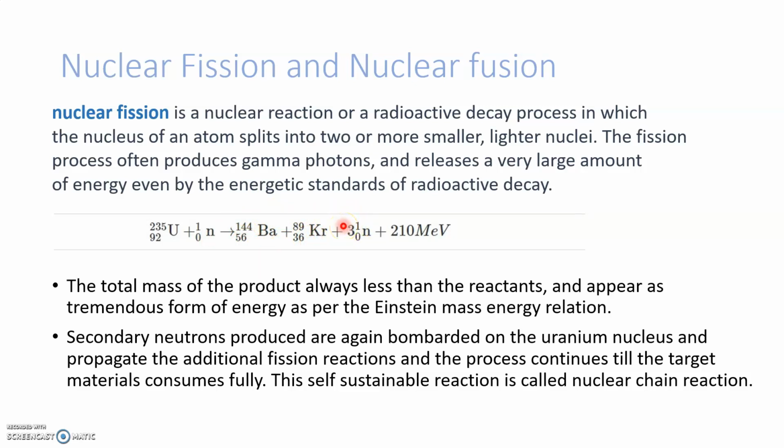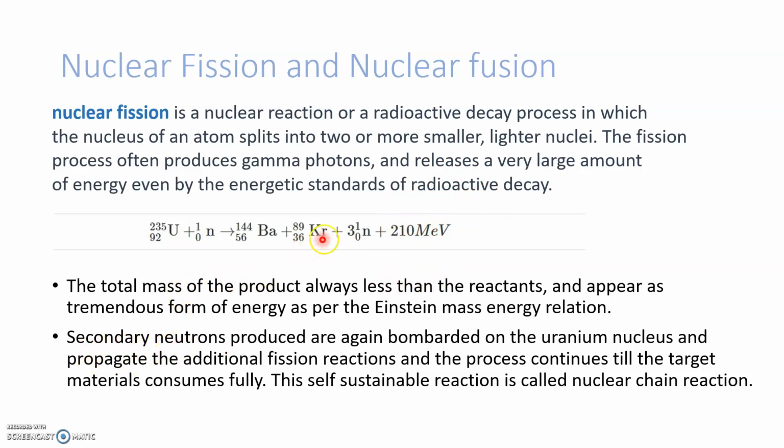That is, some amount of mass is converted into energy as per Einstein's mass-energy relationship, E equals mc squared. So that is how this amount of energy is produced during a nuclear fission reaction.